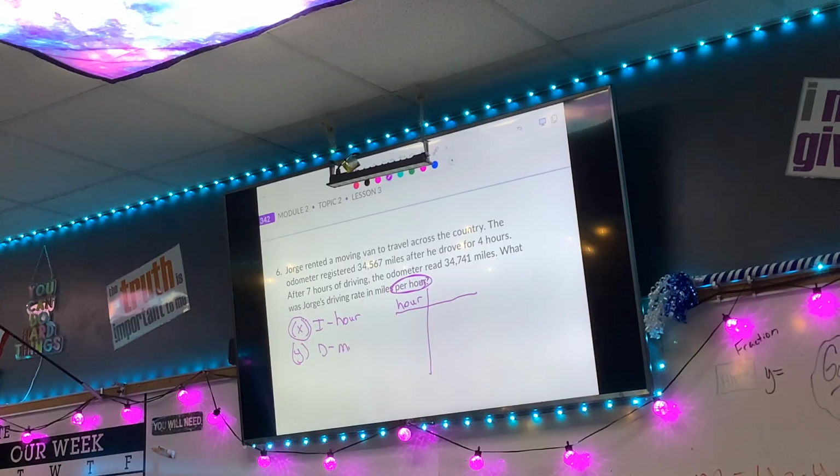Or miles. But do you see you're looking for that per in that last sentence, and that is your independent. Make sure you label those. Part of your question tomorrow, you're going to have to say what the independent is. You're going to have to say what the dependent is.